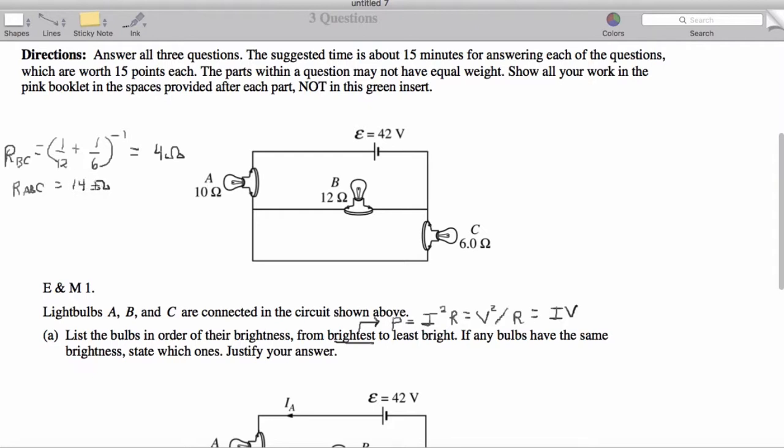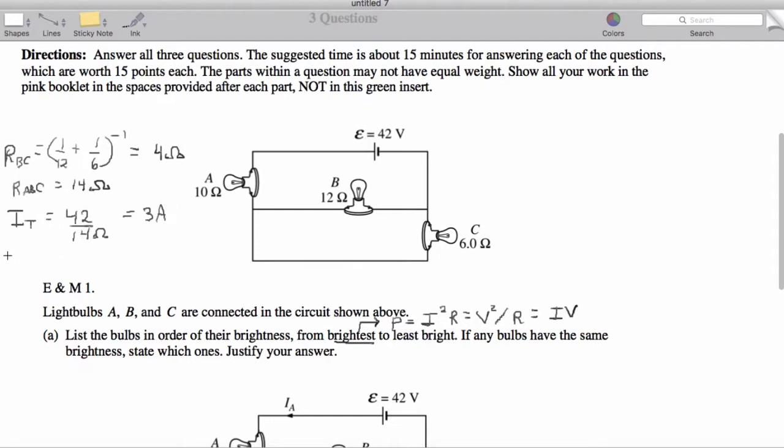Now let's do a little bit of math to get some of the current. So I total is going to equal 42 volts, the voltage of the battery, divided by the total resistance, which is 14 ohms. And so we're getting 3 amps total going through the circuit.